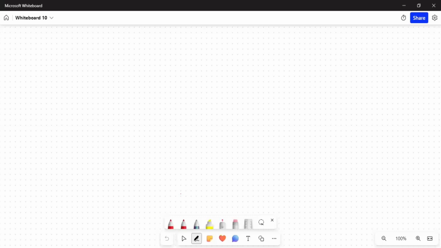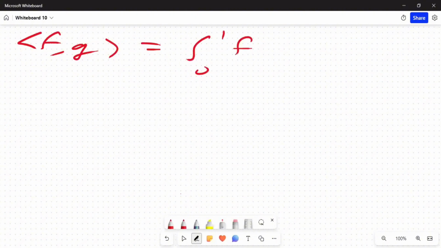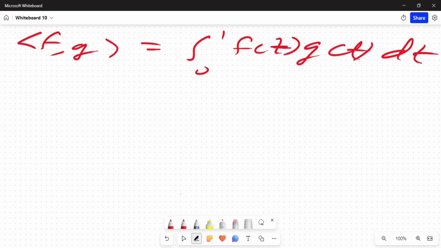If you look at the way the inner product is defined, the inner product of f, g is the integral from 0 to 1 of f(t) g(t) dt. For I1, you need to show that the inner product of f, f is greater than or equal to 0.